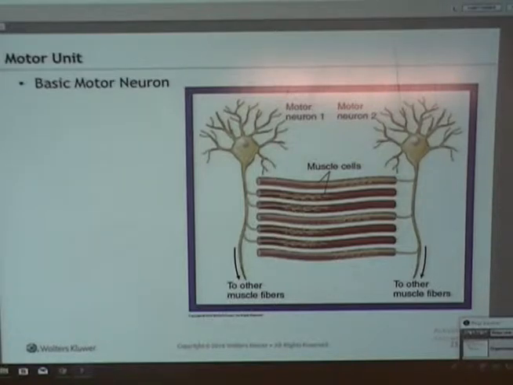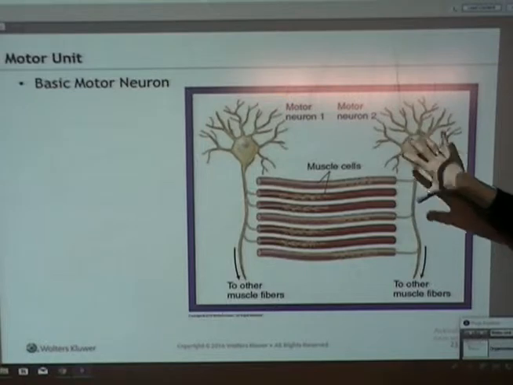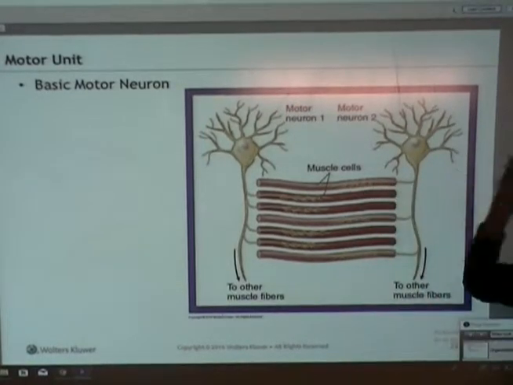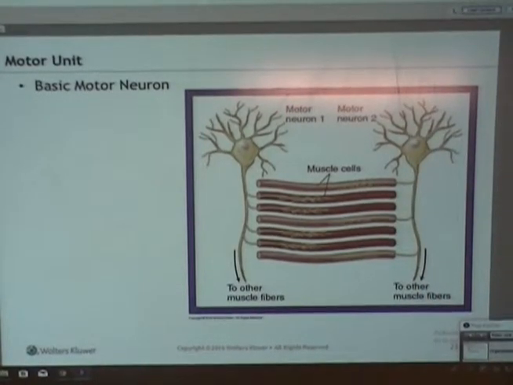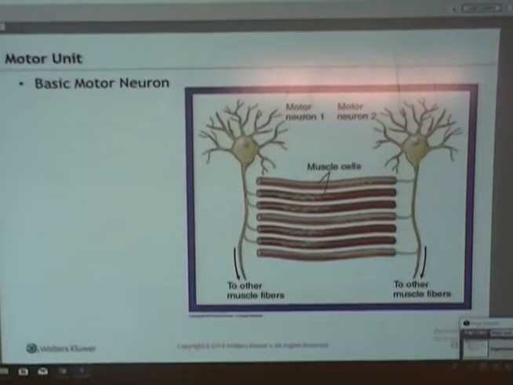So the motor unit is one motor nerve plus the muscle fibers, the muscle cells, not the muscle, the actual fibers. The muscle cells that nerve synapses with. The number of muscle fibers that it synapses with depends upon the amount of control that nerve is in charge of.